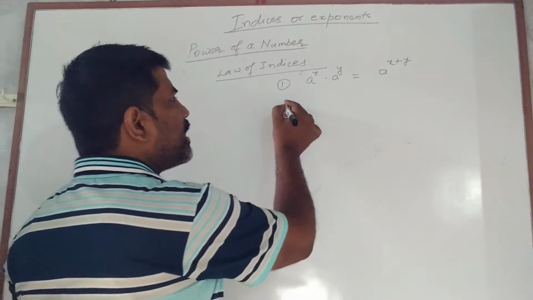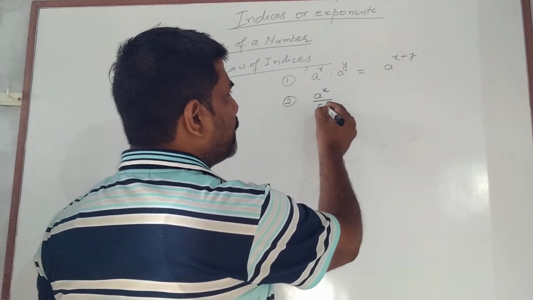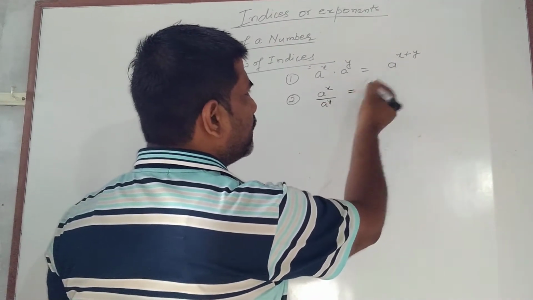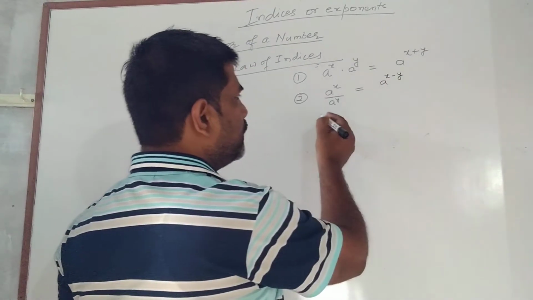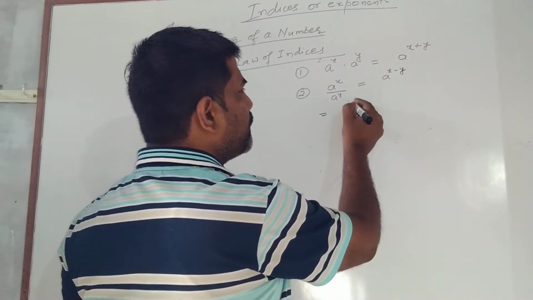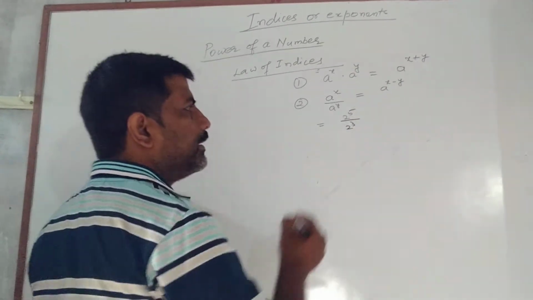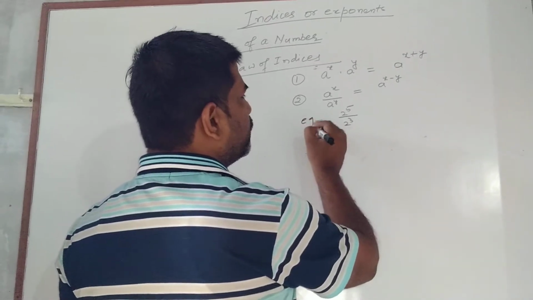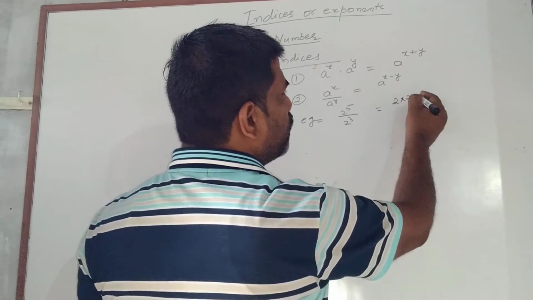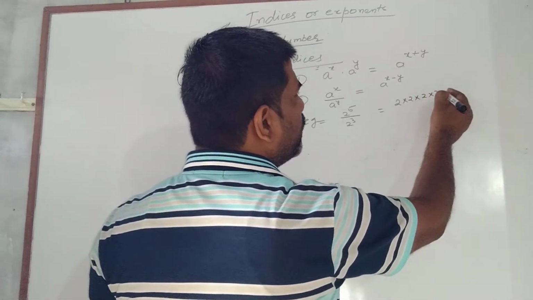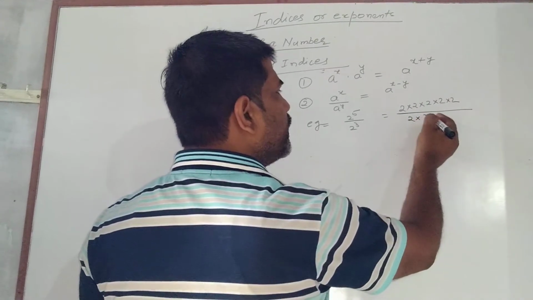Similarly, the second rule is a to the power x upon a to the power y, which becomes a to the power x minus y. For example, 2 to the power 5 upon 2 to the power 3. 2 to the power 5 is 2 into 2 into 2 into 2 into 2, upon 2 into 2 into 2.